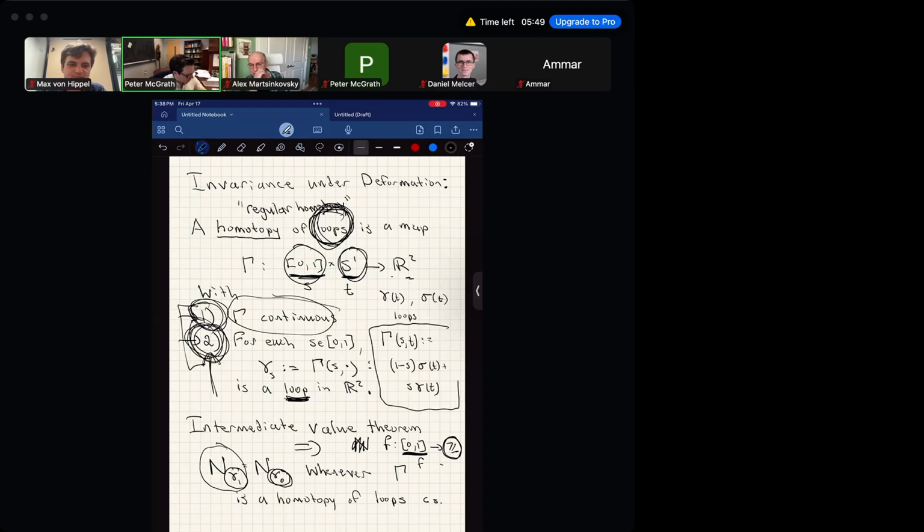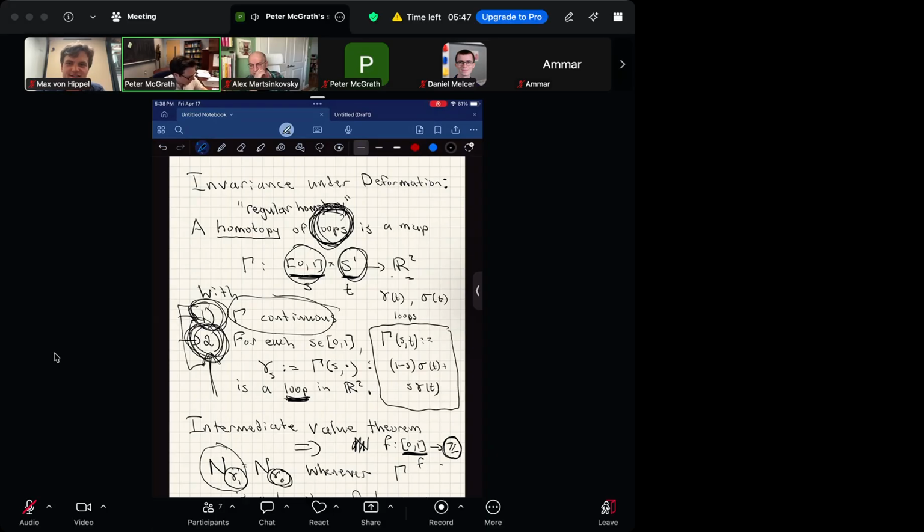So here is a clearly continuous map in S and T if the two loops gamma and sigma are continuous.